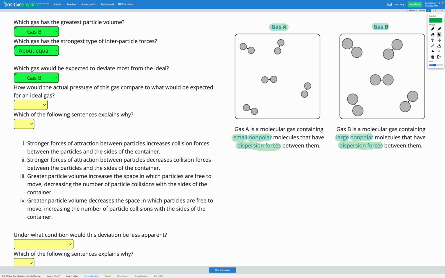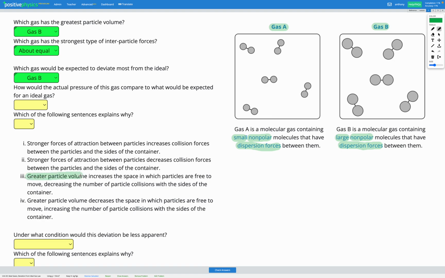Next, we need to figure out what the effect of this is going to be. How will that affect the pressure of the gas compared to the expected for an ideal gas, and why? So our difference is a greater particle volume. Let's look at our options for our description of why our change is happening.